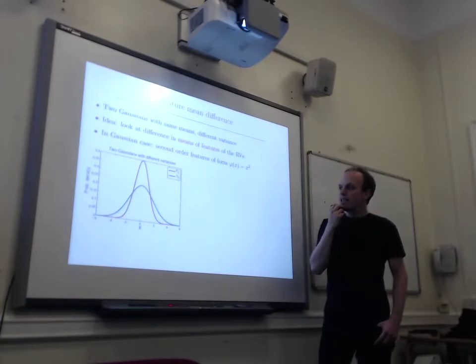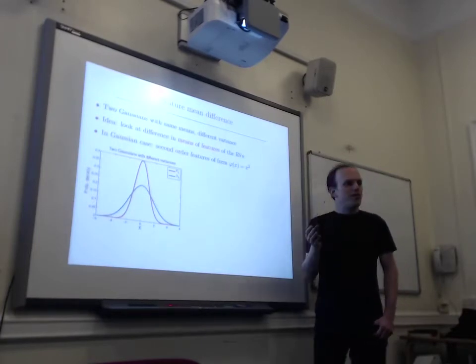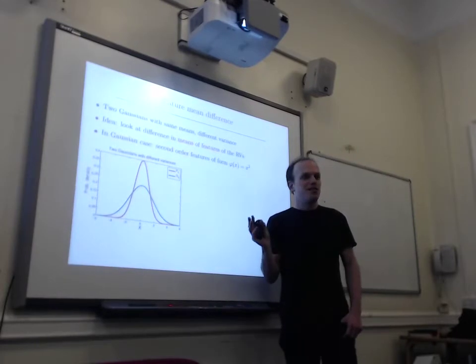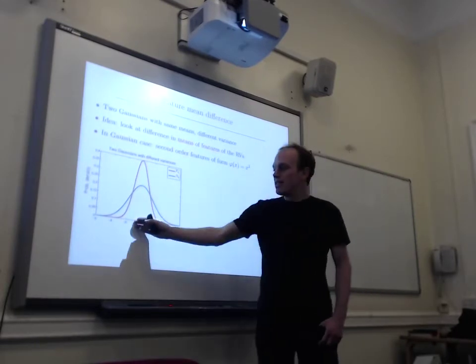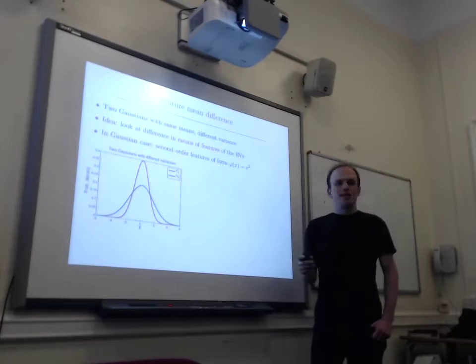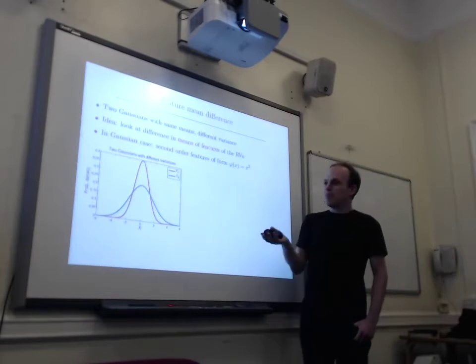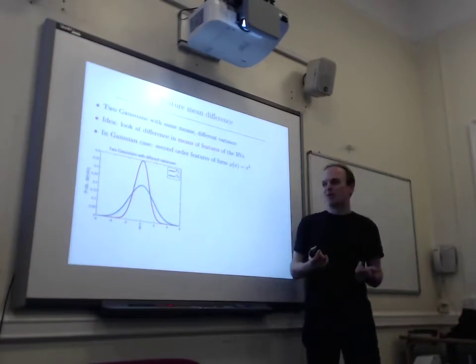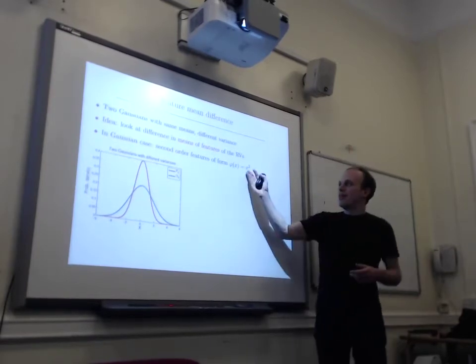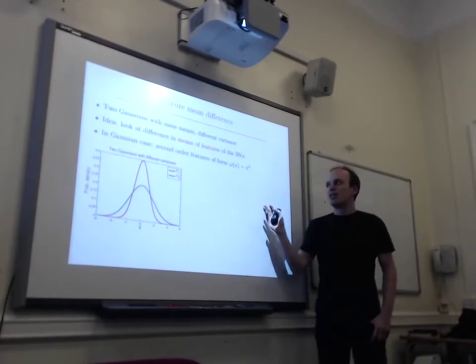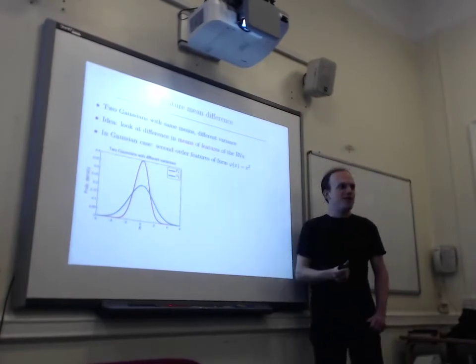In this case, rather than looking for the difference in the expectation of the variables, so the difference in the means, I'm going to look at the difference in the expectation of some nonlinear feature of the variables. Because they're Gaussians, the only moments of interest are the mean and the variance, so a very natural nonlinear feature to consider is just the square of the random variable.